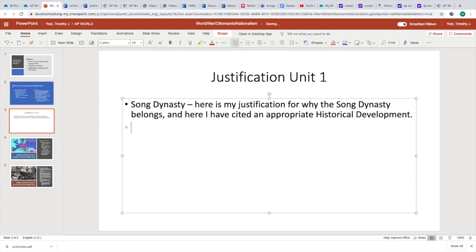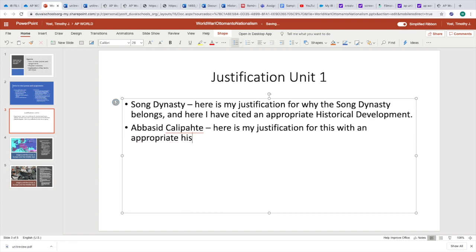look like this. And then let's say you went with the Abbasid Caliphate, and then here is my justification for this with an appropriate historical development.